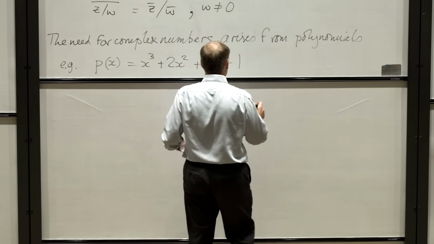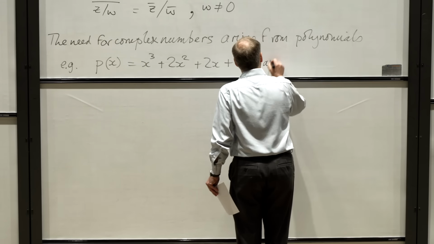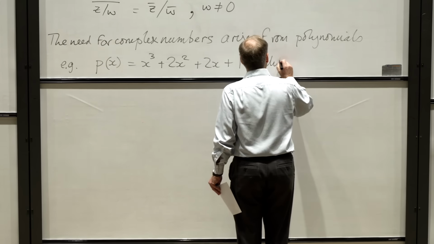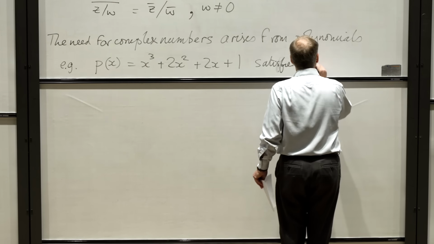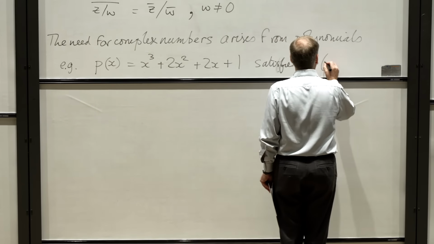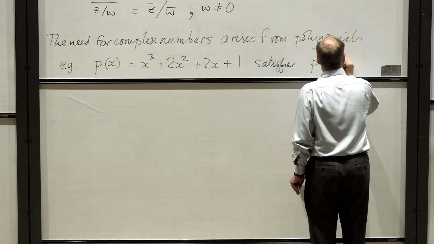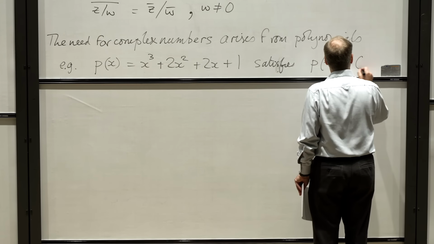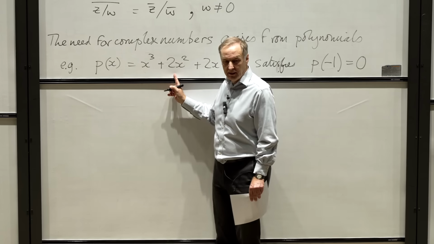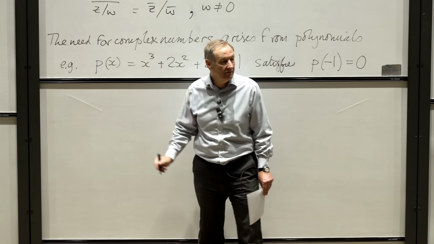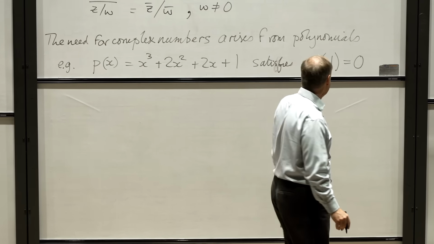Okay. So this, I claim, satisfies that p, if you evaluate at -1, then this is a 0, because -1 plus 2 minus 2 plus 1 is 0. Okay?